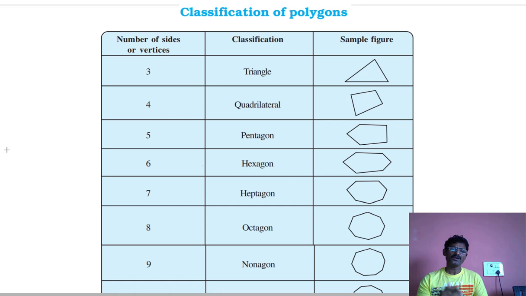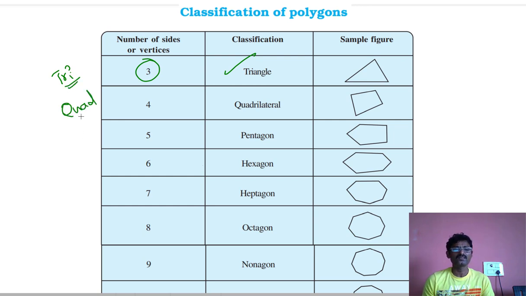Now we can classify polygons according to number of sides or number of vertices. So if there are 3 sides or 3 vertices, then that is said to be triangle. We know that tri stands for 3. Similarly, quadra or quad, that stands for 4. Penta stands for 5. Hexa stands for 6. Hepta 7. Octa 8.